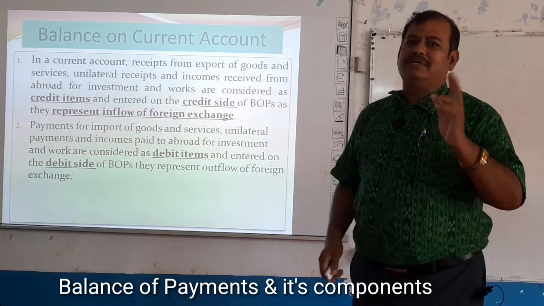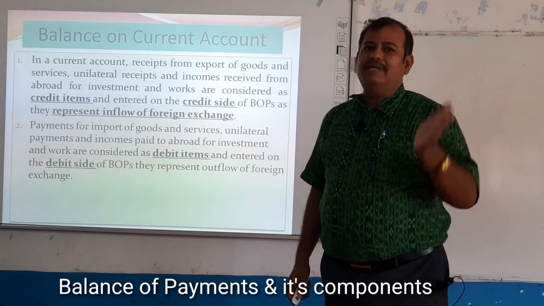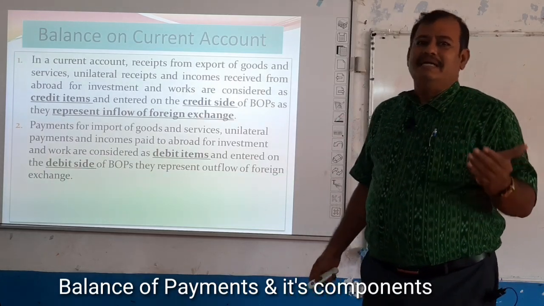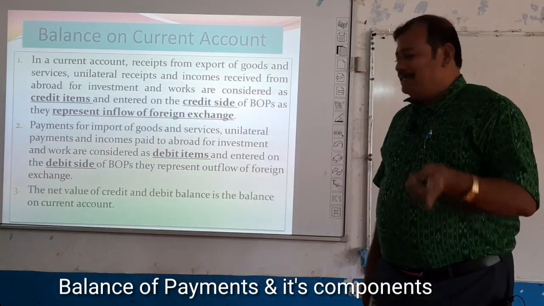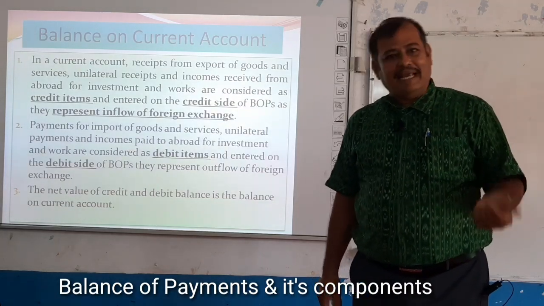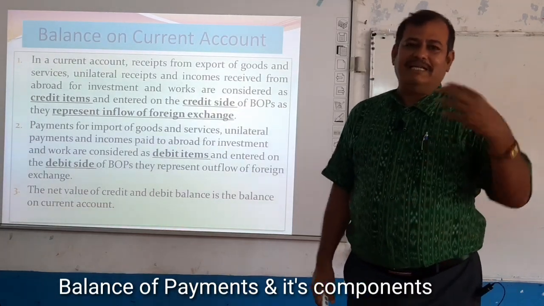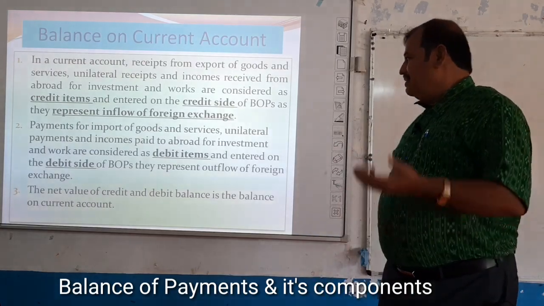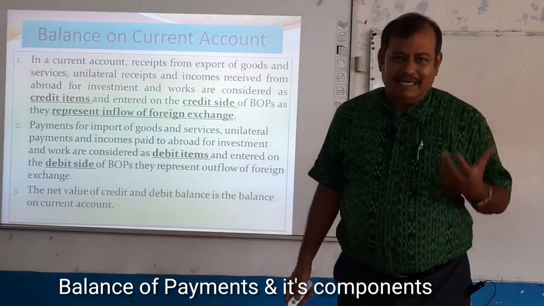These are the 2 sides of the balance of payments, the credit side and the debit side. Now the net difference between the receipts and expenditures in the current account of the balance of payments is the balance on the current account.